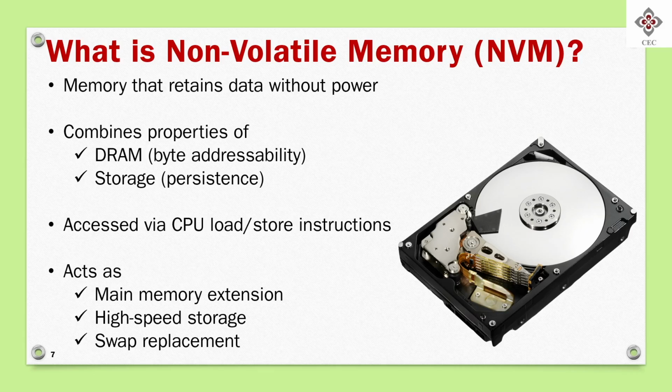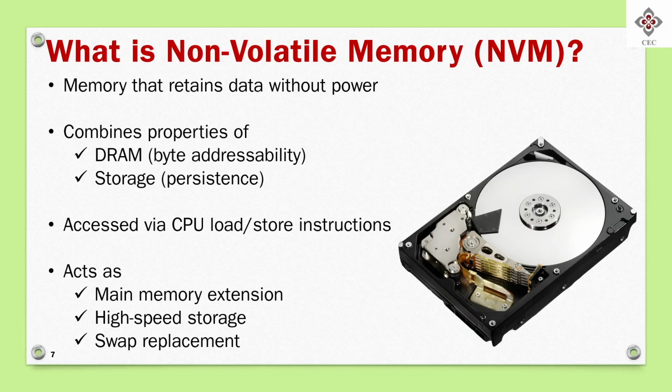Now we can store the data even when there is no power. This is the combination of both advantages: one is the dynamic RAM advantage, the other is the disk storage advantage, where we can retain the data for a long time. We can address the data and access it very fast. So, this is the combined property of both.